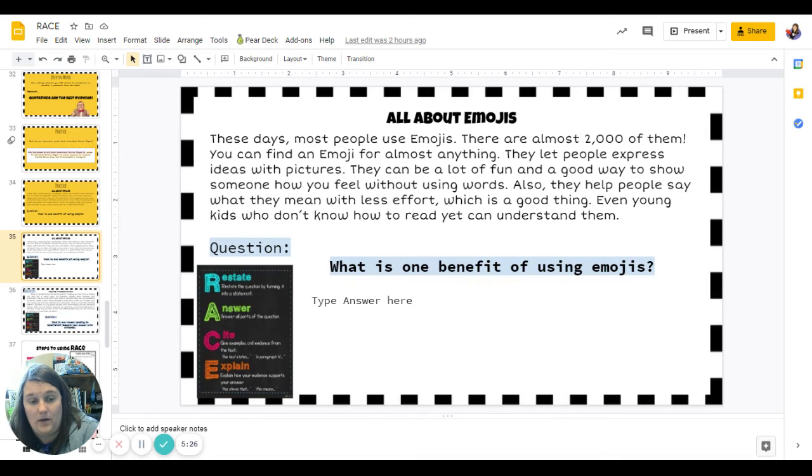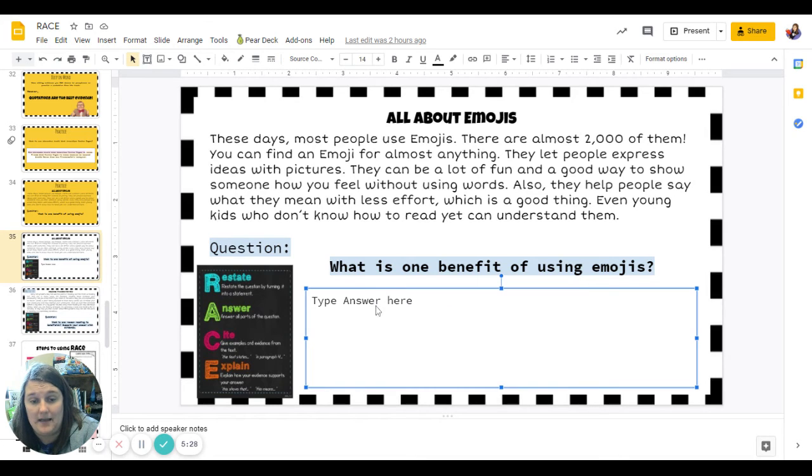So, if I have what is one benefit of using emojis? My response, okay, it's going to start out with, one benefit of using emojis is, see how I restated the question? Now I want to answer it. I want to have a reason from up here.